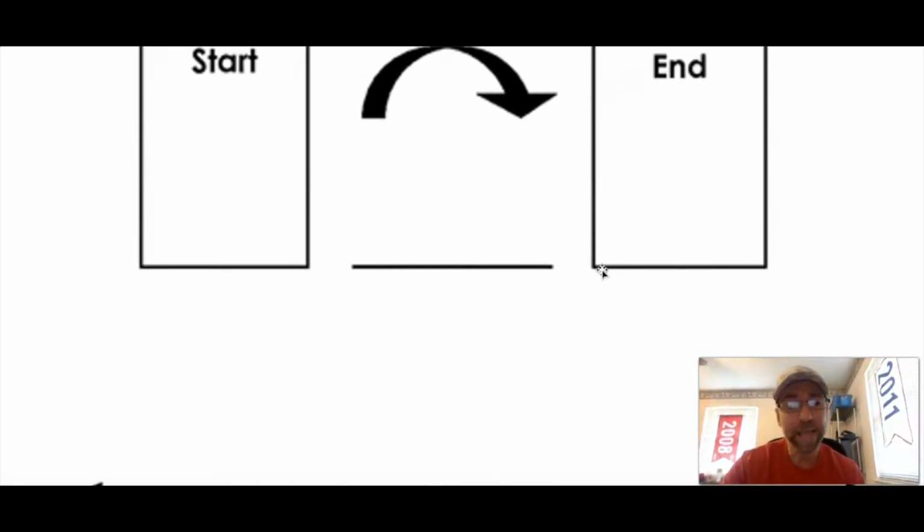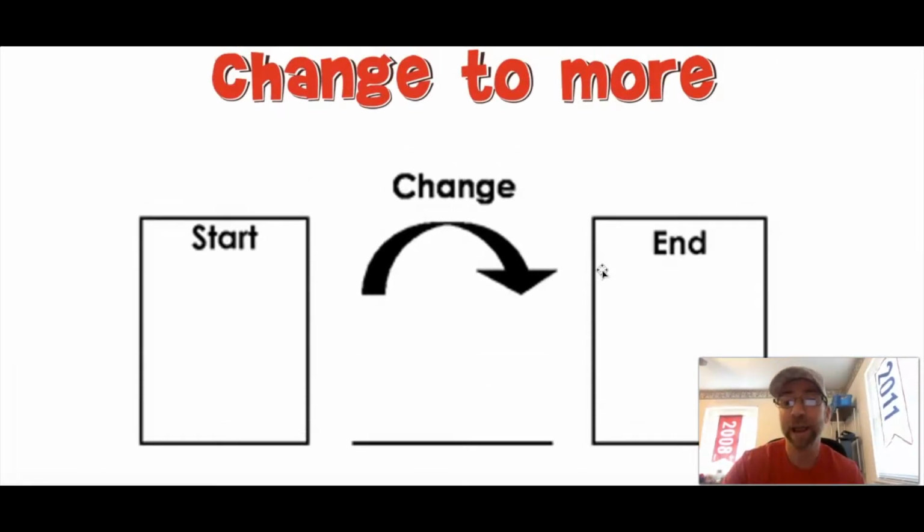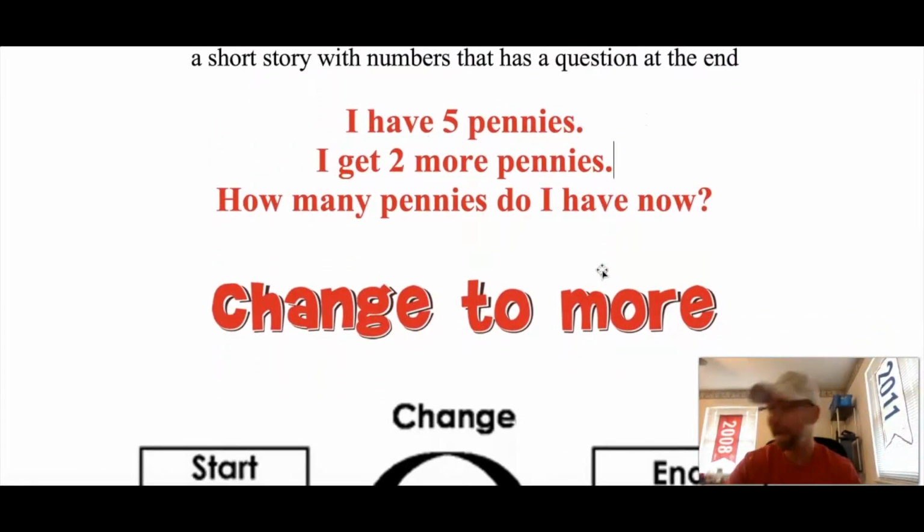So let's go ahead and use this diagram to solve our story about the pennies. You're going to want to have your sheet protector in front of you now and your marker ready to go. The story starts with I have 5 pennies. Well, that's the start to our story.